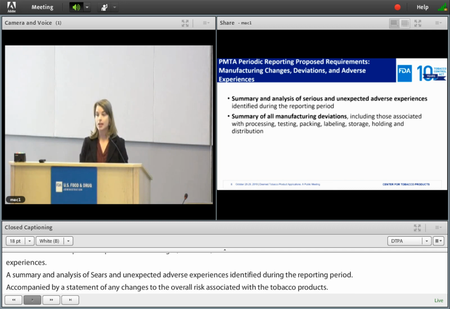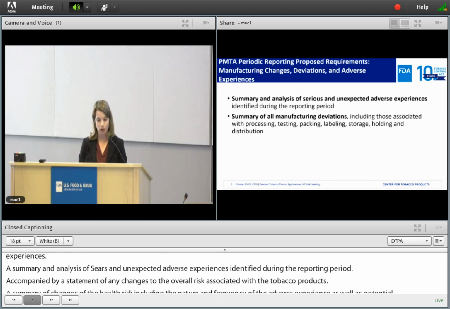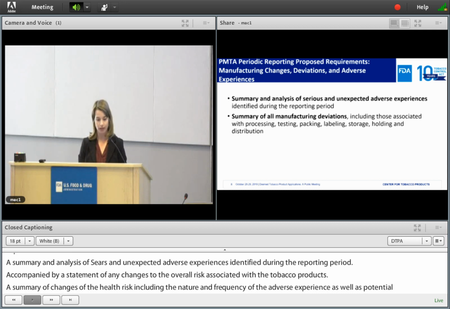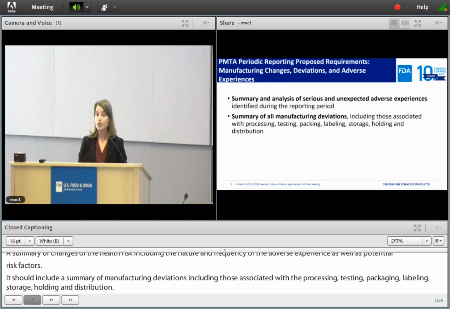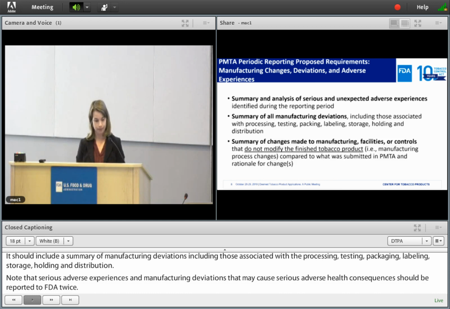It should include a summary of all manufacturing deviations, including those associated with the processing, testing, packaging, labeling, storage, holding, and distribution. Note that serious adverse experiences and manufacturing deviations that may cause serious adverse health consequences should be reported to FDA twice, through the Safety Reporting Portal as events are initially received, and again through periodic reporting.